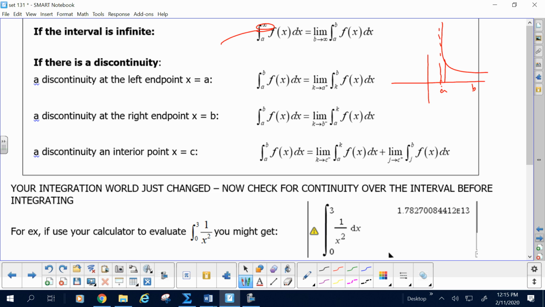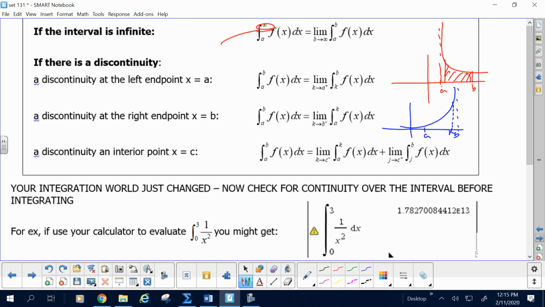Are you with me? Likewise, you could have a discontinuity at a right endpoint. Maybe it goes from A to B, but there's a discontinuity at the right side, in which case you create a constant and approach the right end from below. You follow me?